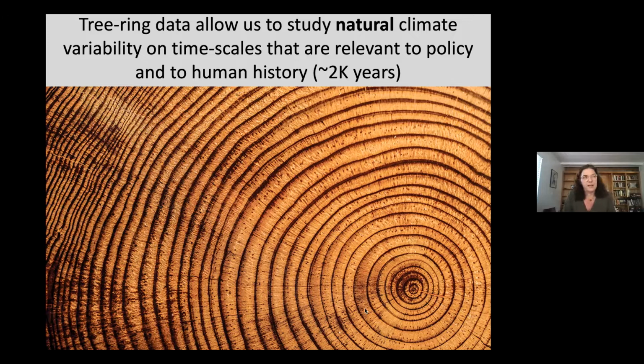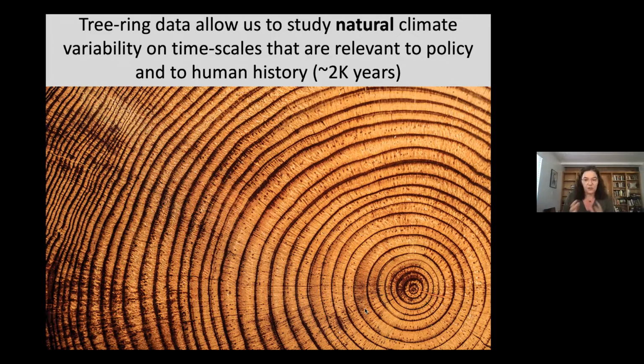In addition to that, compared to some other timescales, 2,000 years is not that long. But they are relevant because it's the best documented time period in human history. So we can compare our climate reconstructions to events that have been documented in human history.